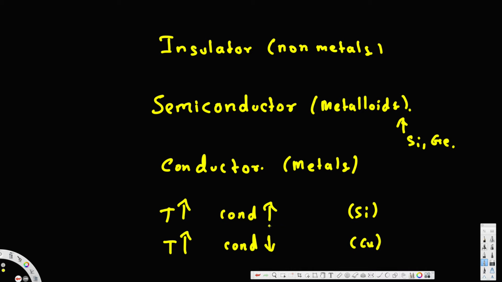Now, another way in which we can increase the conductivity of a semiconductor like silicon is to add impurities to it. We can dope it with other atoms. Before we do that, let's briefly review the structure of the silicon crystal. Silicon has 4 valence electrons.